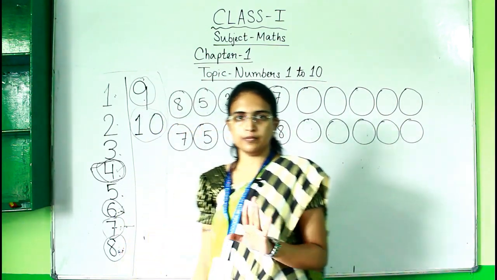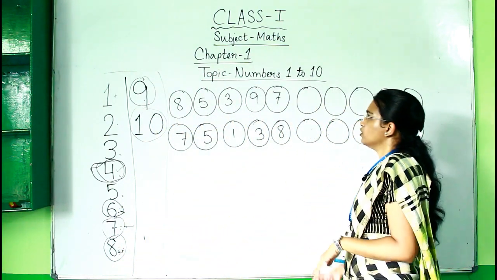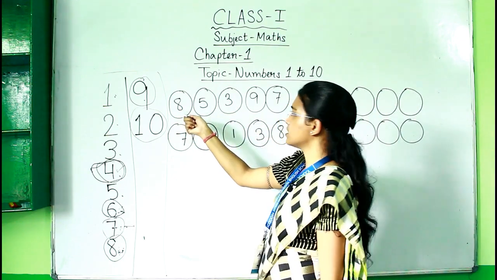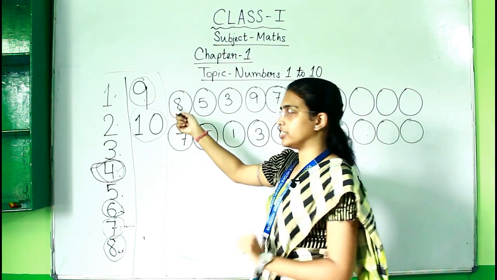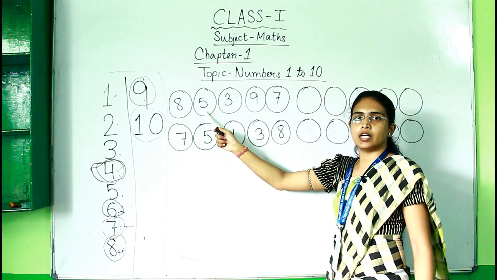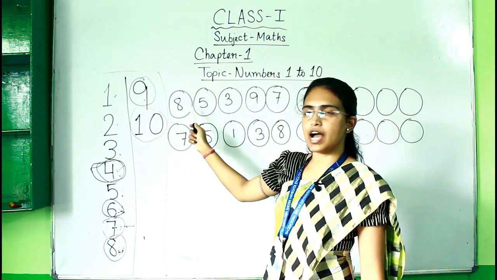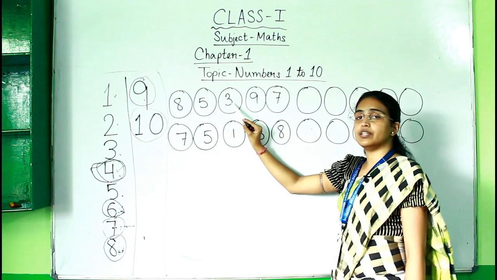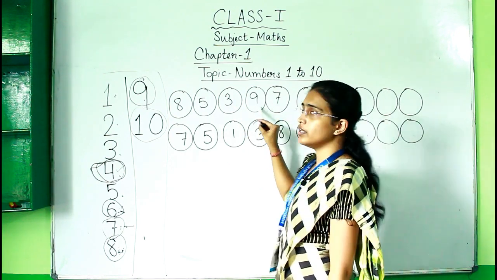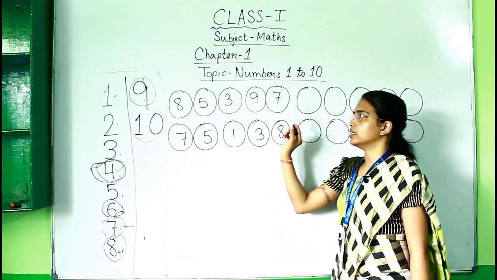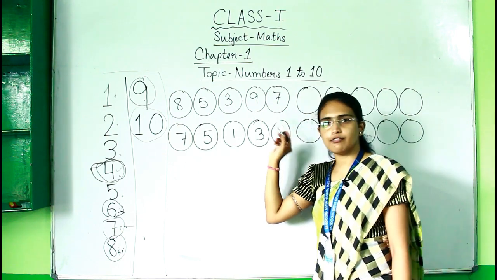Okay? Understood? Now look here. Which number is this? This is number 8. This is number 5. This one number 3. This one number 9. This one number 7.